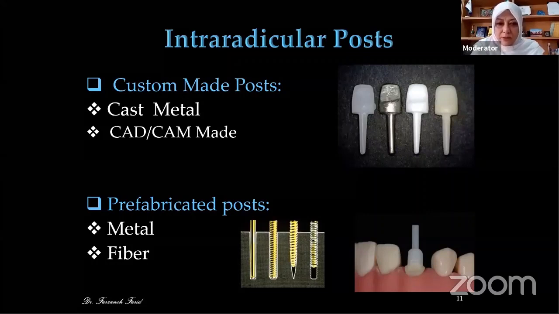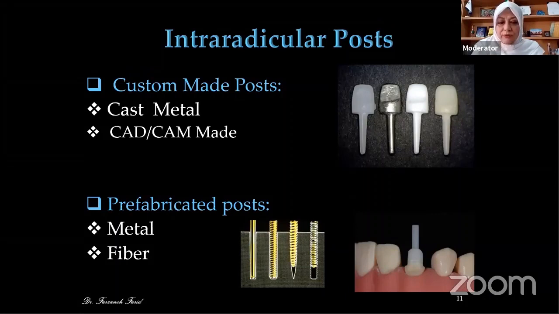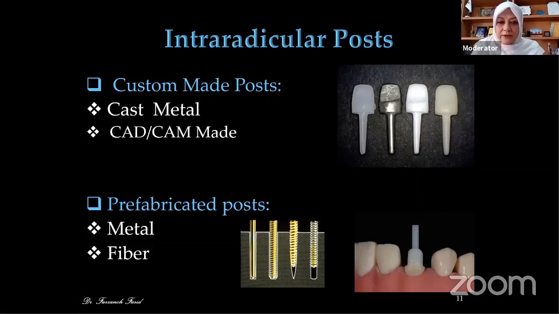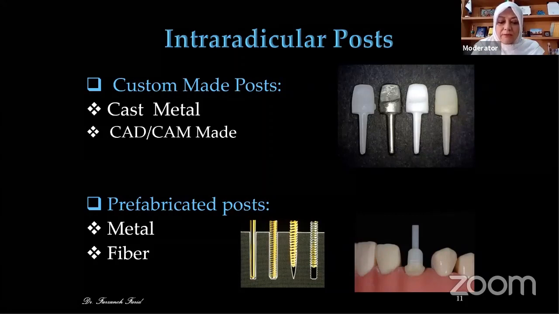There is another main type of posts: prefabricated posts. In this kind of post, the canal of the patient is reshaped according to the form of the post. So this is the main difference between custom-made posts and prefabricated posts. The other difference is that the post and core have different materials, and they should be attached to each other by means of mechanical or micromechanical retentive elements. As you see in the lower picture, left side, the mechanical element here is serrations or threads.